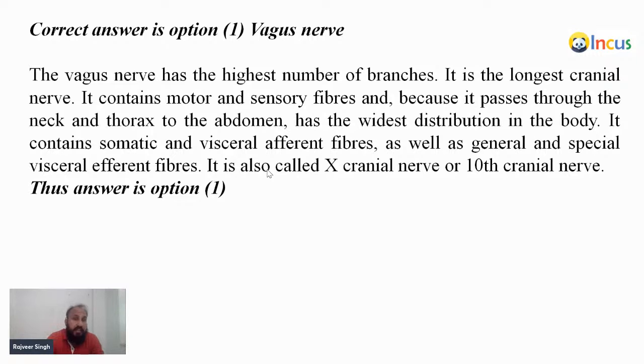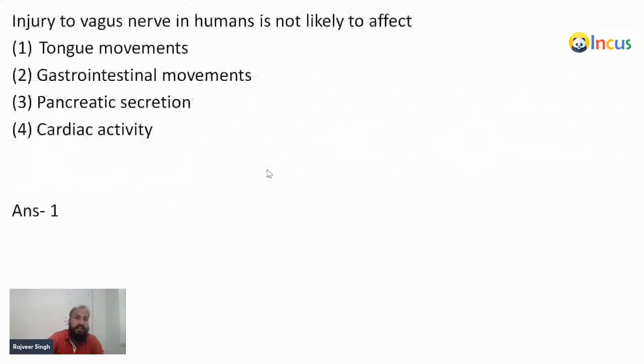It contains motor and sensory fibers, and because it passes through the neck, thorax and abdomen, it has the widest distribution in the body. It contains somatic and visceral afferent fibers as well as general and special visceral afferent fibers. It is also called the 10th cranial nerve. So the vagus nerve is the right answer.